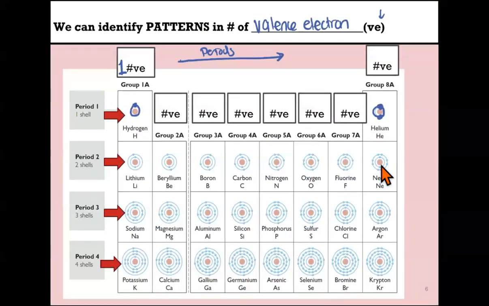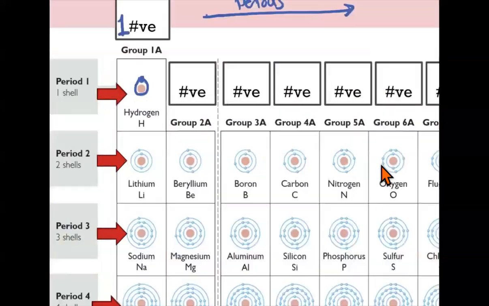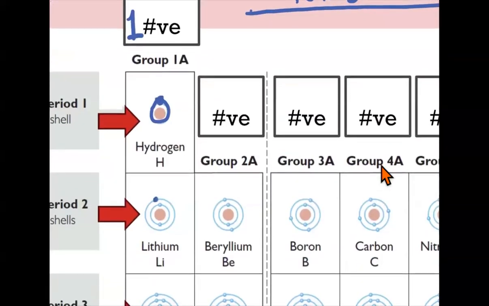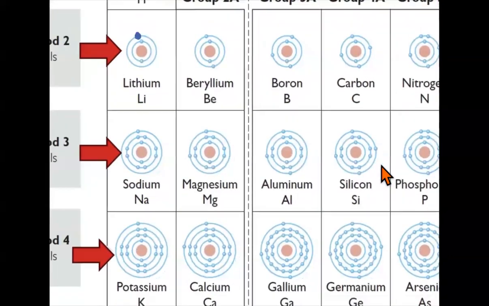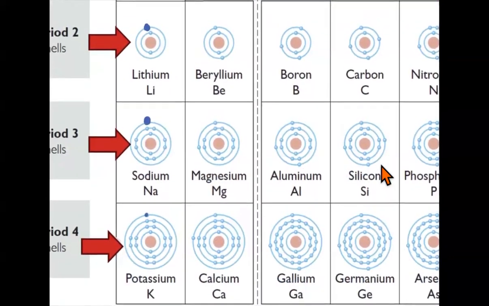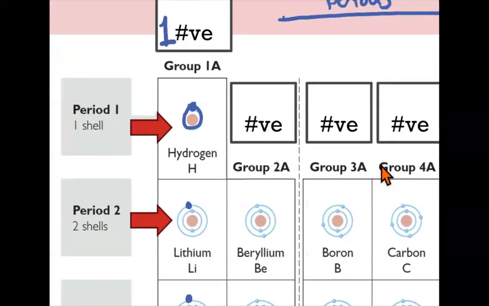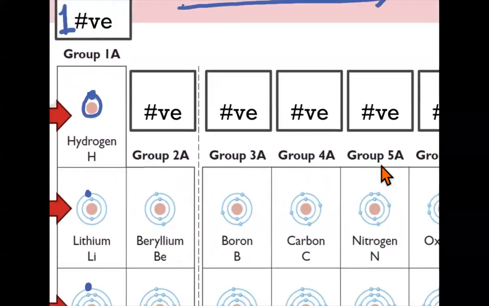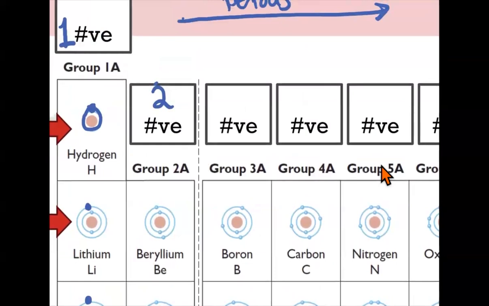And now we can actually start looking at patterns across the period. So here we have one valence electron across all the group 1A elements. I'm actually circling them to identify them. So we notice that all these have one valence electron. Here there are 2 valence electrons. 1, 2.